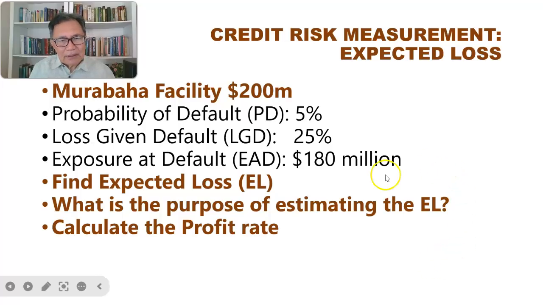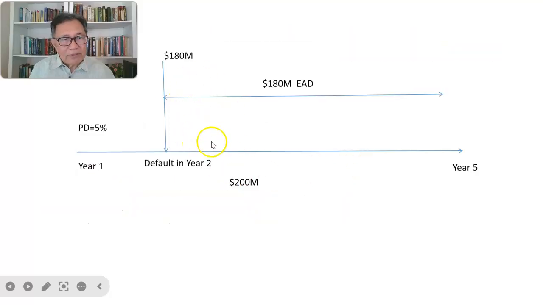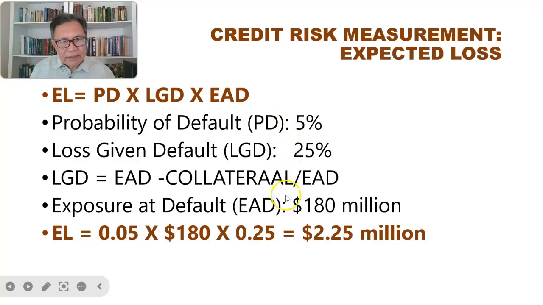So we can see in this illustration, this is year 1 to year 5, and the facility is 200 million, and the PD of the customer is 5% over here, and we assume that the default occurs in year 2, and the balance is 180 million, and that will be the exposure at default. So this is essentially how we illustrate the data that is given here.